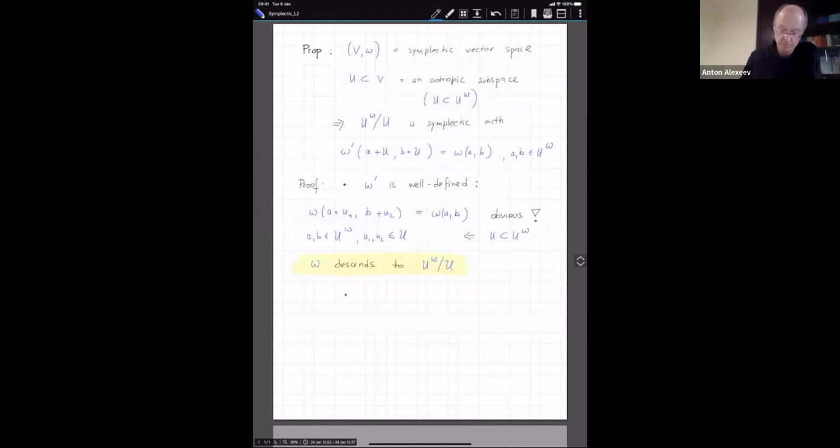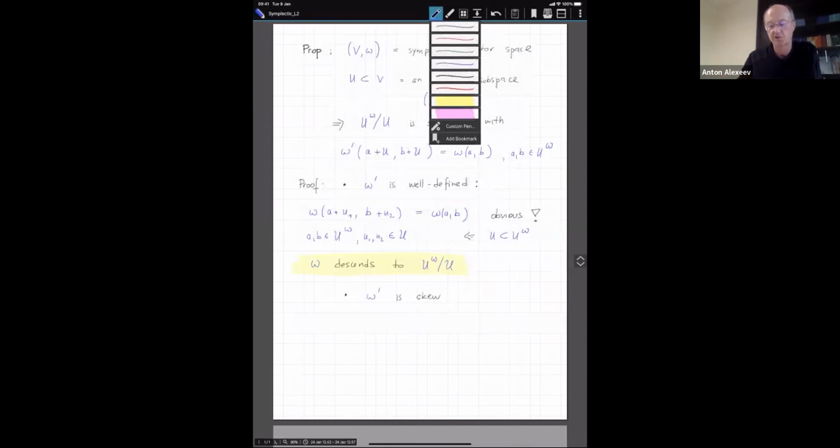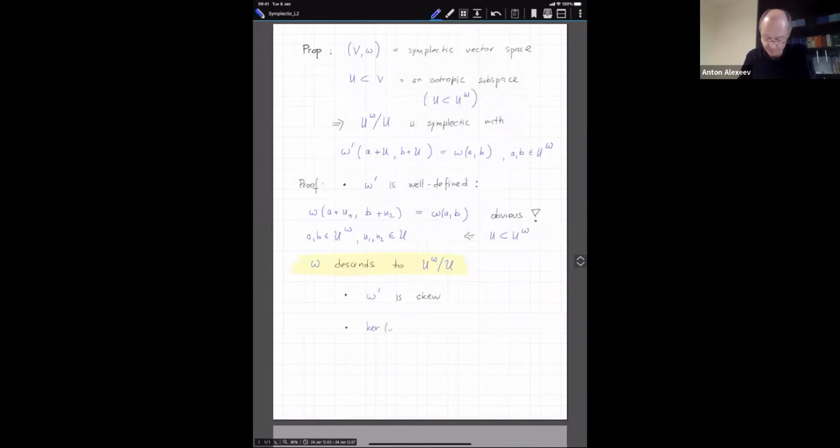Now, omega prime is skew-symmetric. This is really obvious because omega is skew-symmetric. And finally, we need to compute the kernel of omega prime, right?